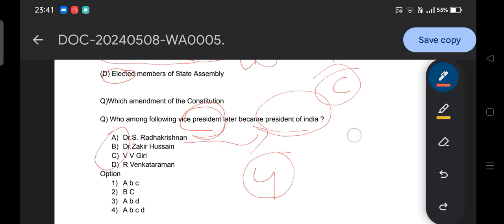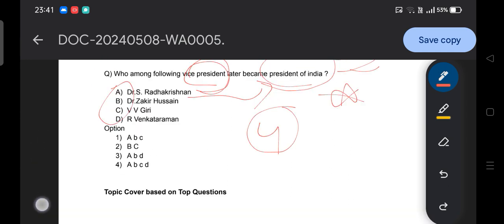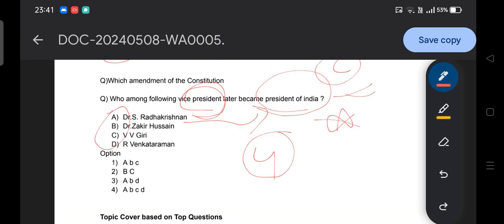You should remember that because it's very important: Dr. S. Radhakrishnan, Dr. Zakir Hussain, V.V. Giri and R. Venkataraman are the Vice Presidents who later became President of India. So moving to the next thing. We have solved our previous year questions, and this one is the new questions.